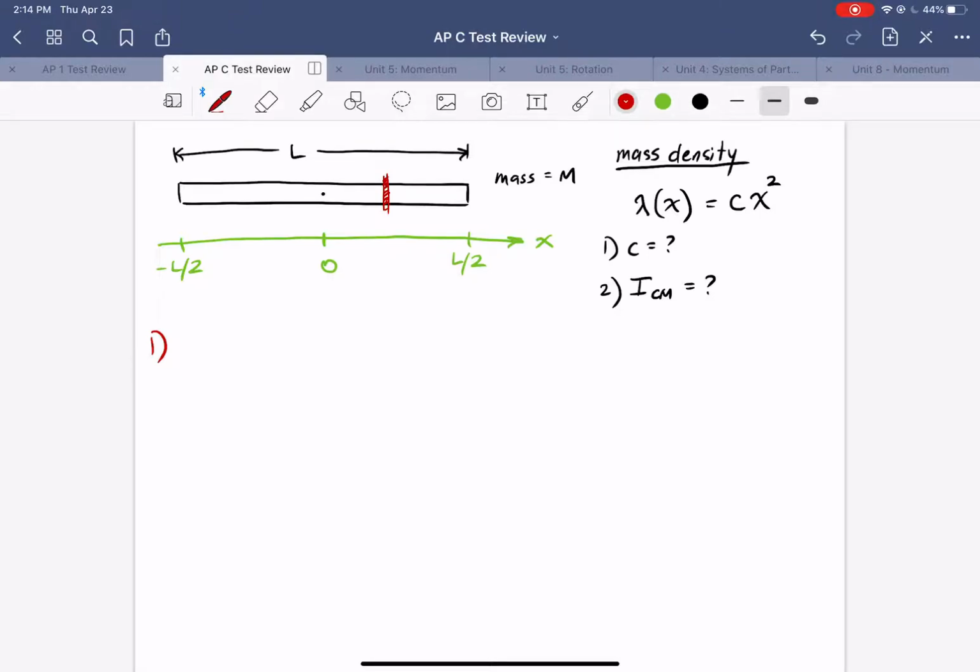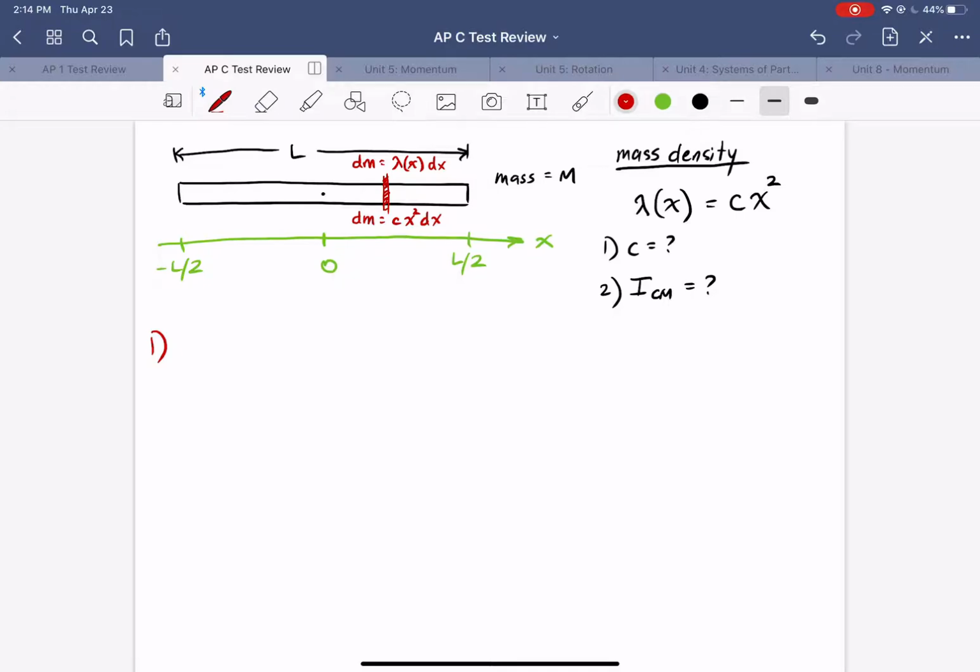Well, this mass density is basically telling us the mass per unit length. So if I call the mass of this dm, that's going to equal the mass density multiplied by the width of the slice, which is dx. So that means dm is equal to c x squared times dx.